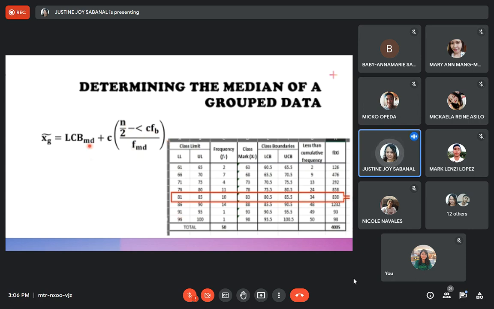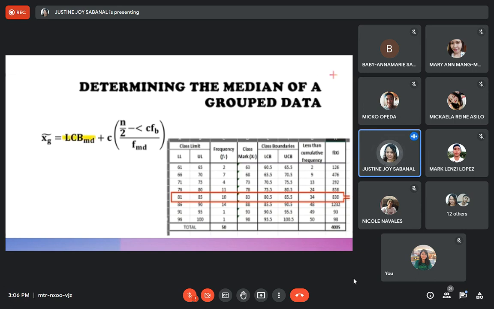So ngayon po, yung may mga sub-MD dyan, ang magiging value niyan is exactly located doon po sa nakapaloob sa rectangular shape natin. So ngayon, alamin natin ano yung magiging value nung atin pong lower class boundary of the median class. So ito po.